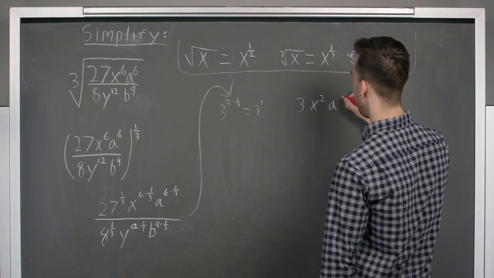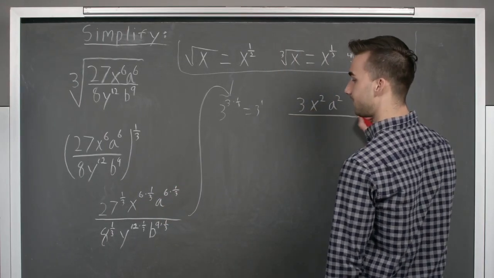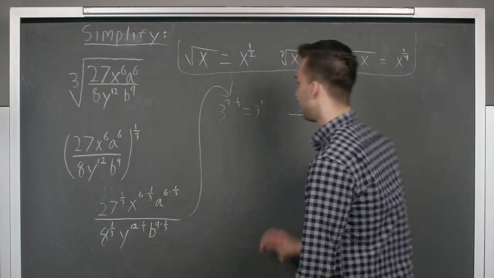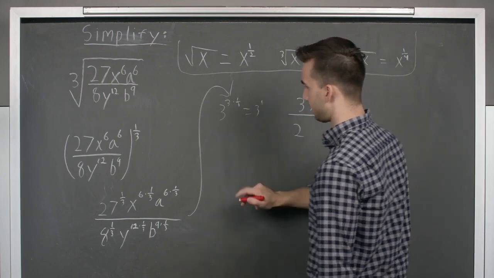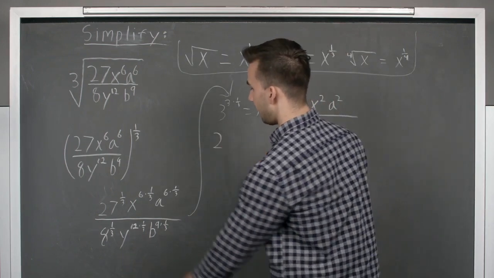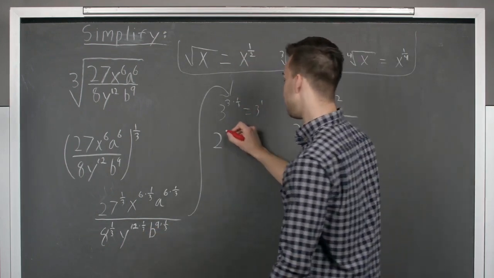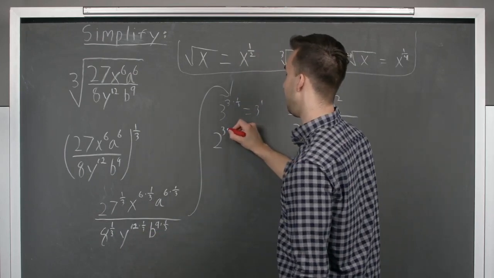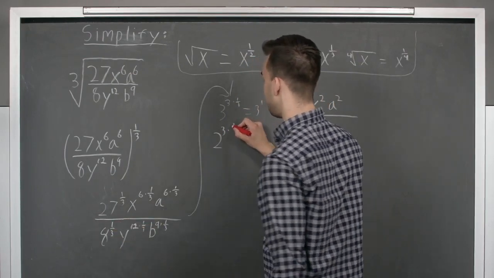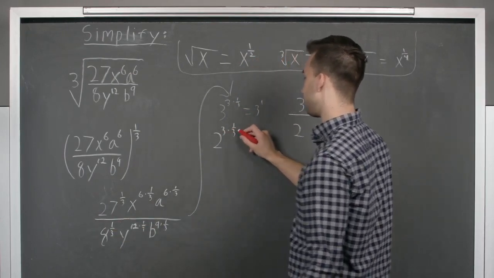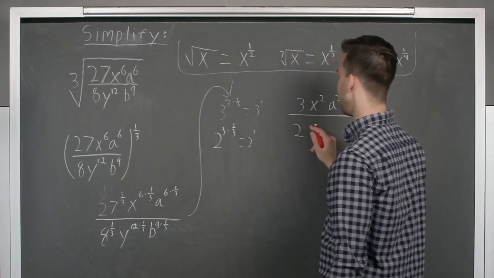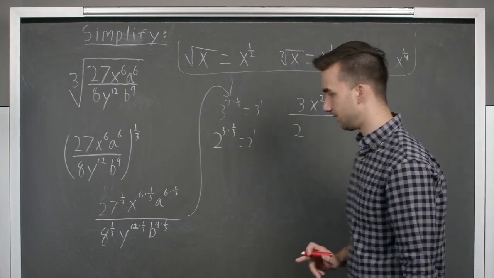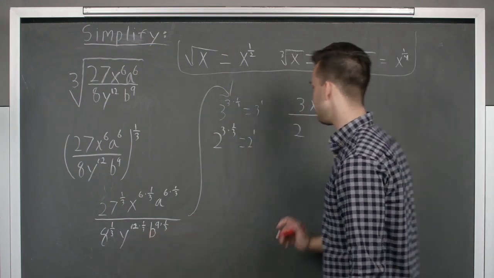Same with a to the power of 2, and then 8 to the power of 1/3 is 2. And I'll show you why here, because 8 can also be written as 2 to the power of 3, and we're multiplying by our outside exponent, right? So 3 times 1 over 3 is 1, so we have 2 to the 1, and that leaves us with 2.